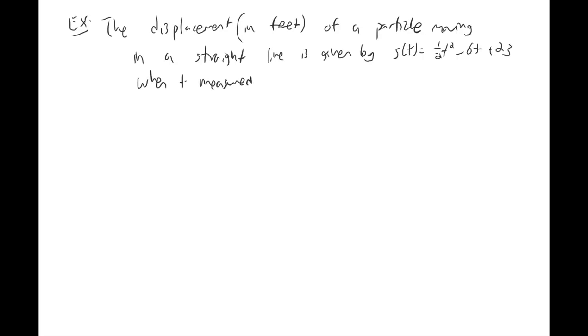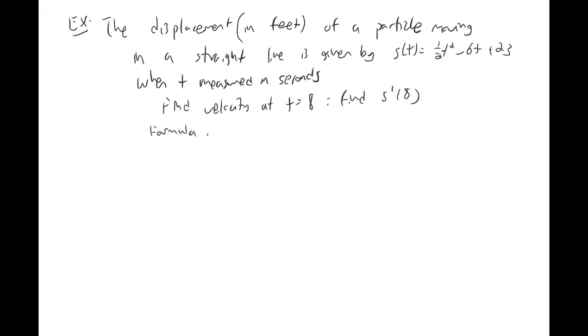The question is: find the velocity at t equals 8. This is the actual velocity, the actual slope. In this case, you just use the formula. Basically, find s prime of 8.